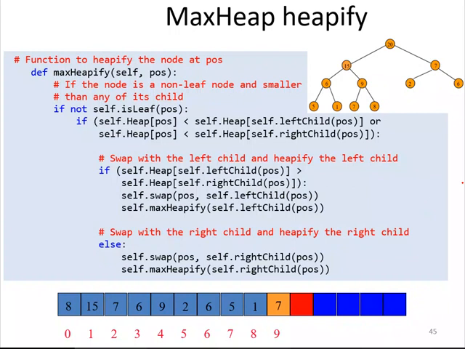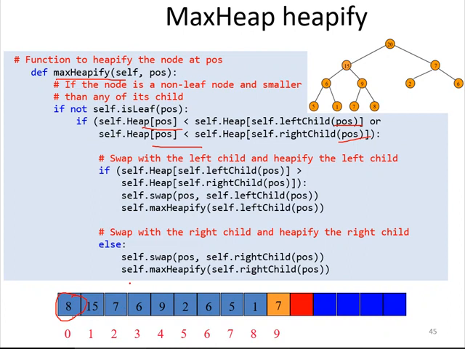And then, when it is heapifying, it would start with the root, right? It is the first one. So it would go down by changing the position of POS.